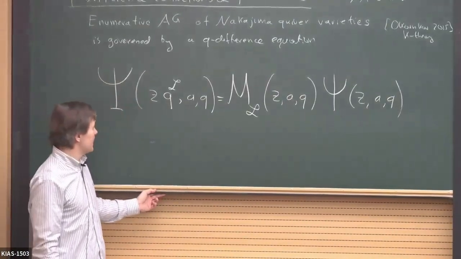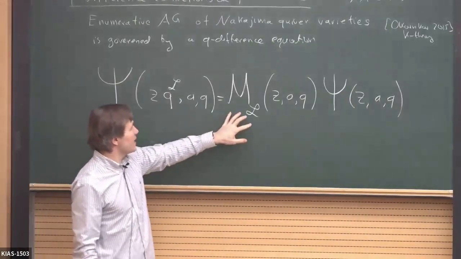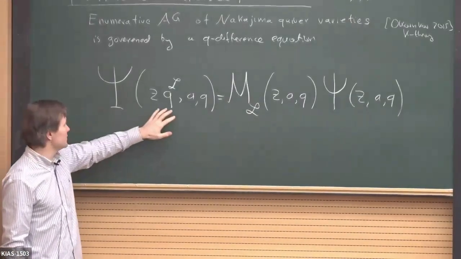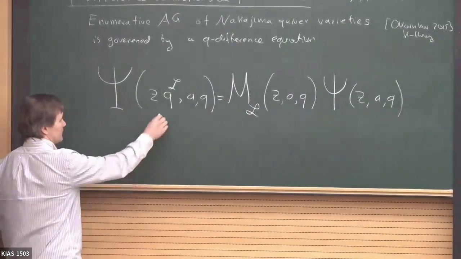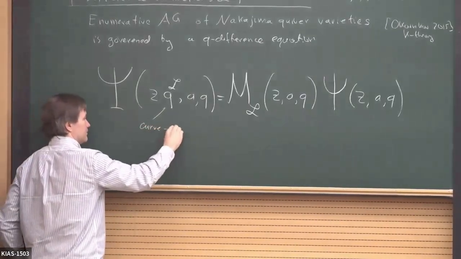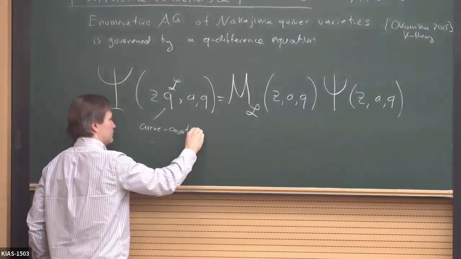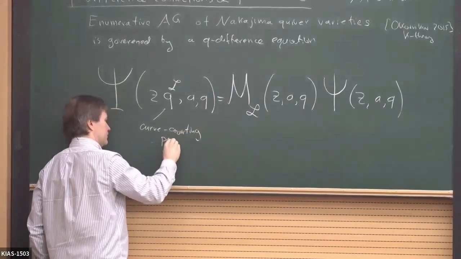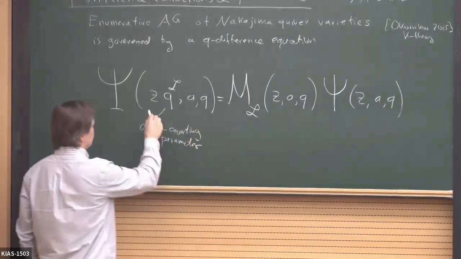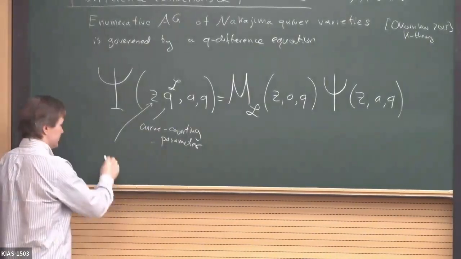Psi is the unknown function, or rather the vector function here. So you see it's a certain Q monodromy equation. Here Q is the curve counting parameter. Z is a tuple of all Kähler parameters.